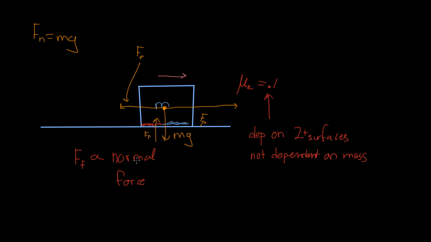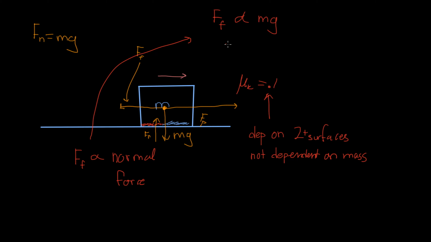Well, I said it's proportional to the normal force. So let's rewrite this. This is essentially to say that the force of friction is proportional to the normal force, and the normal force is just mg. Whenever you have something that's proportional to something else, there has to be a constant of proportionality.